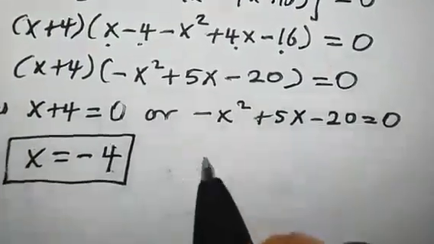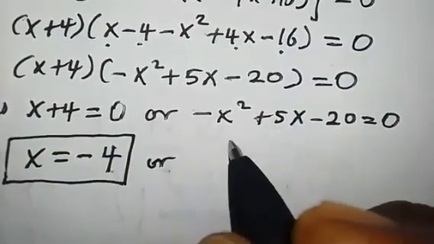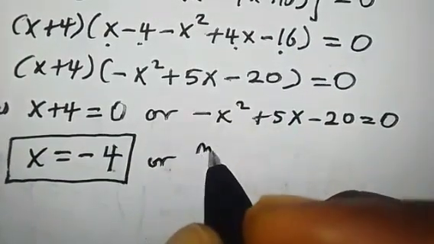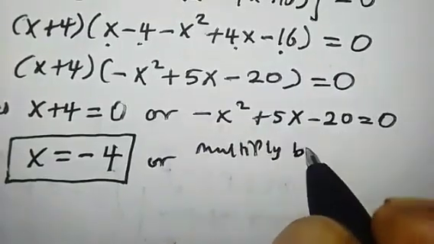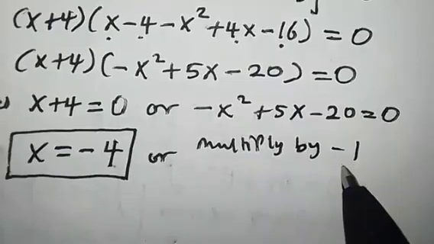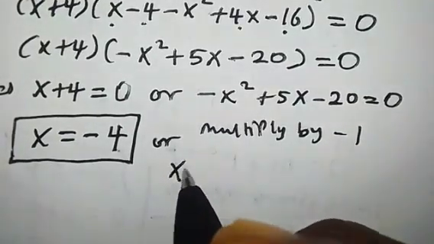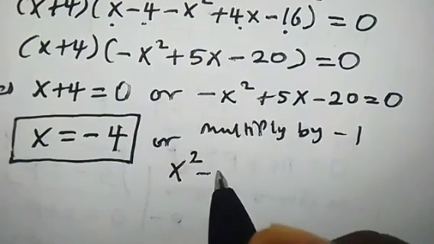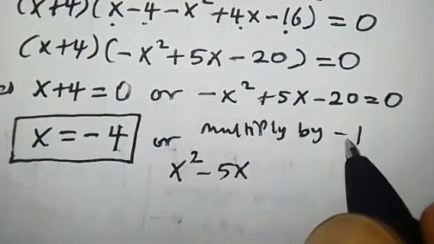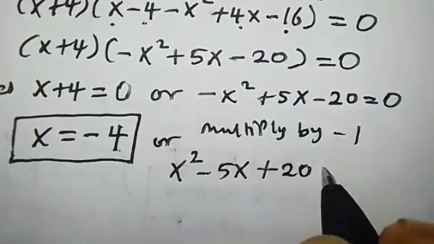Now, let us consider this quadratic equation. First, multiply through by minus 1. Minus 1 times minus x squared, that is x squared, minus 1 times 5x, minus 5x, minus 1 times minus 20, plus 20 equal to 0.